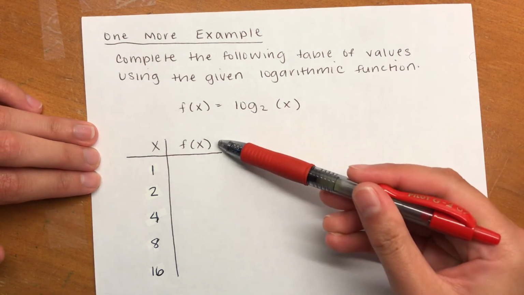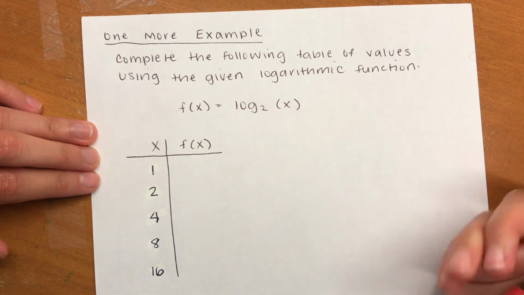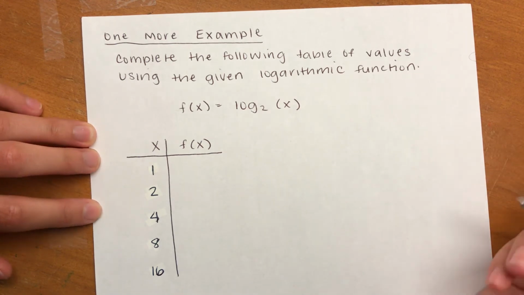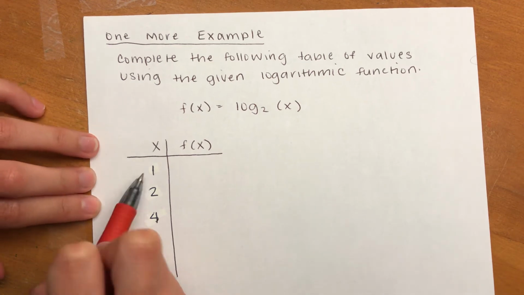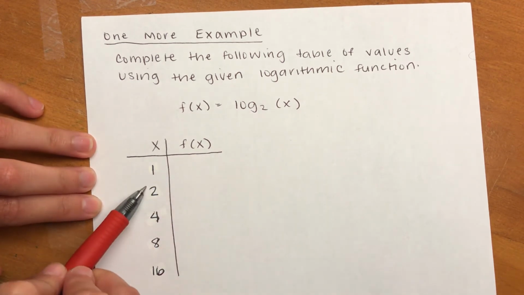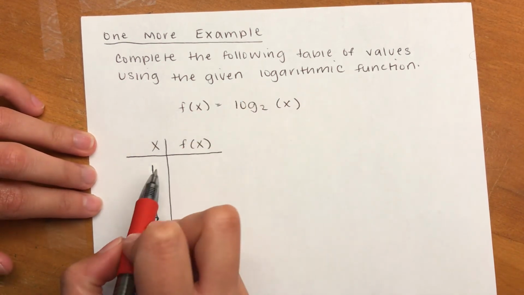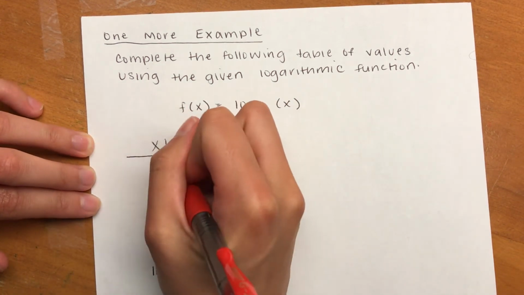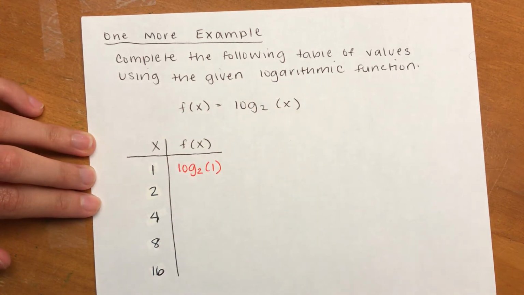So what's really happening here is I'm going to substitute my x value into this function for every single x value. So f of x for my first x value will really be log base 2 of 1.